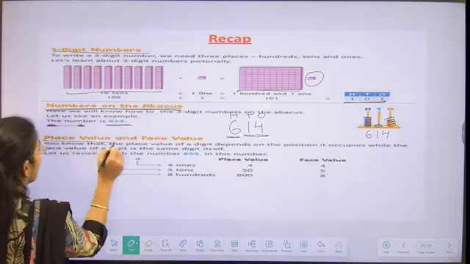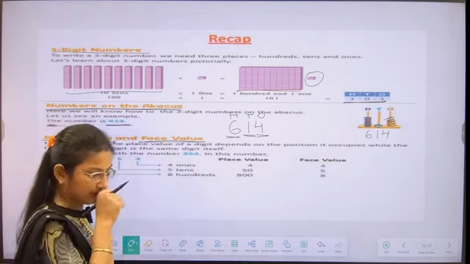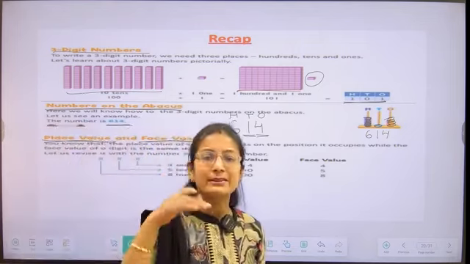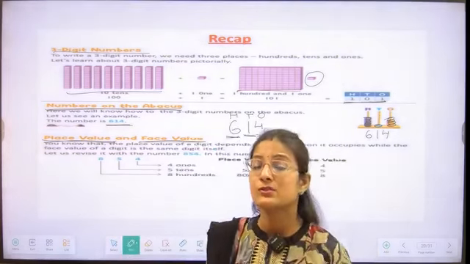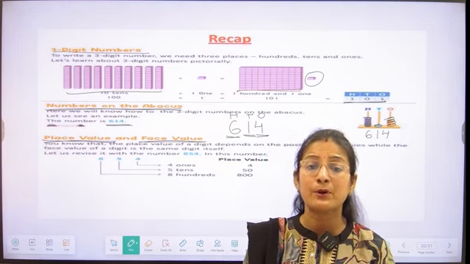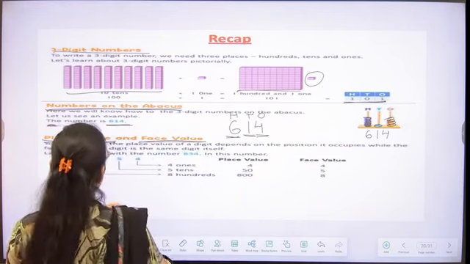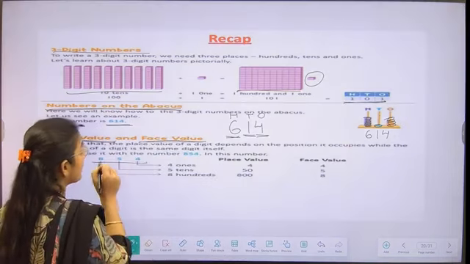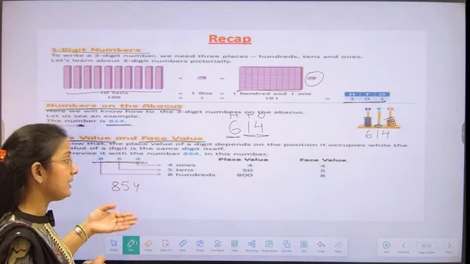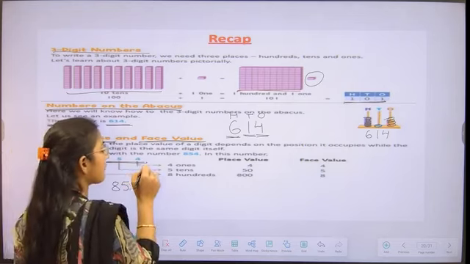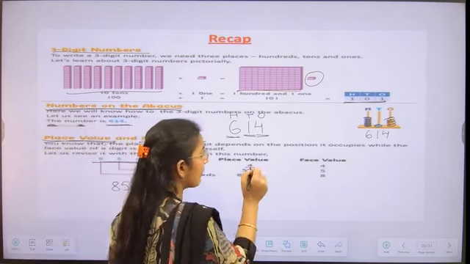How we can write the place value and the face value of numbers. The place value is the value a digit has according to the position it occupies. If we have the number 854, 4 is at the ones place, so its place value is 4.